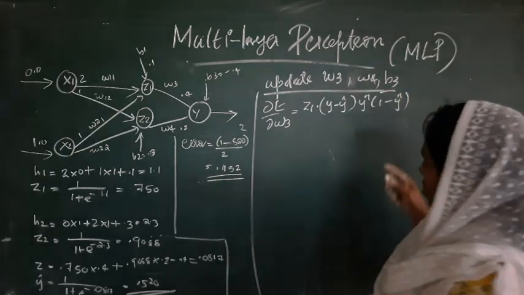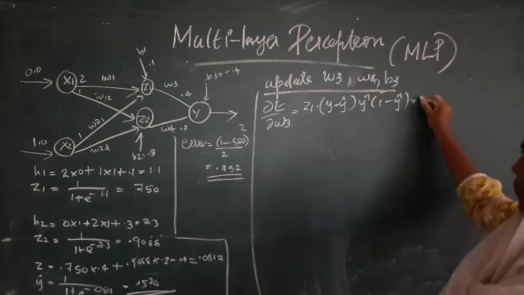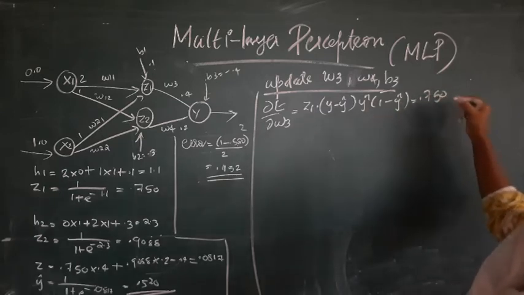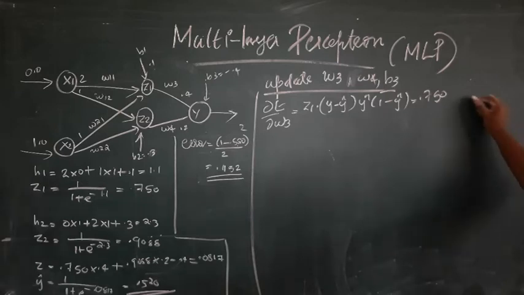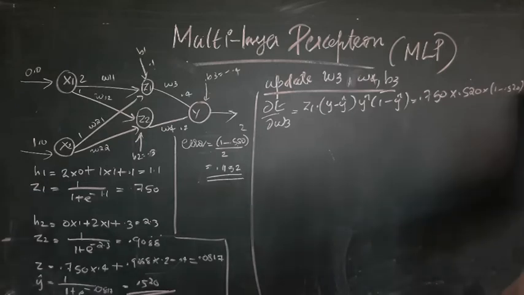The same equations that we have got earlier. I am simply copying the values from the equations: 0.750 into 0.520 into 1 minus 0.520. Hope you can follow me.